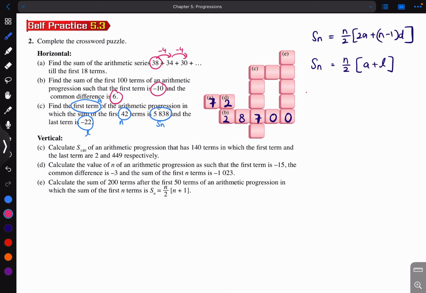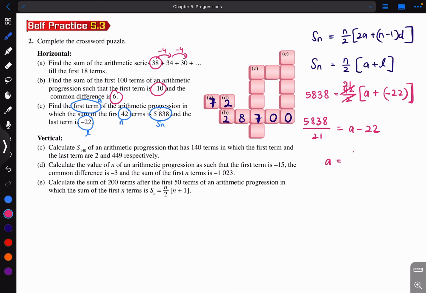So Sn is 5838. n is 42. a we want to find. L is negative 22. So from here we must make a the subject. So let's simplify this. This one will get 21. So 5838 divided by 21. Since this whole thing is multiplied by 21, we bring it here and it becomes divide. Equals a minus 22.